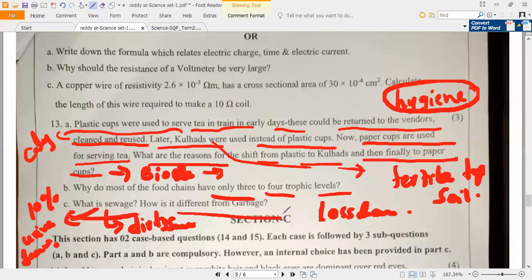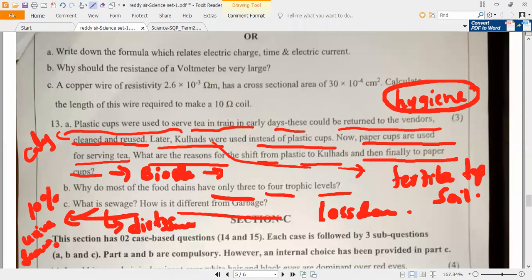You can say sewage is also a household waste, but garbage includes leftover food, fruit and vegetable peel, fallen leaves, and all varieties of wastage. One of the types in that is sewage. Like that you have to write it.